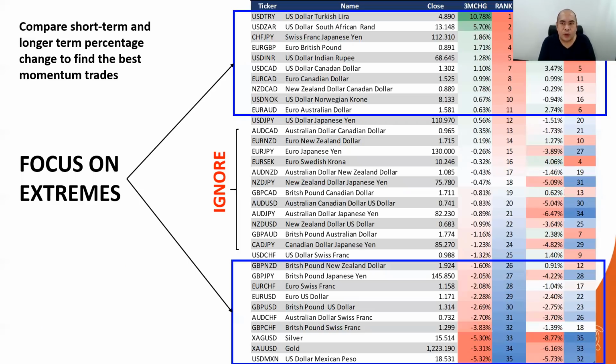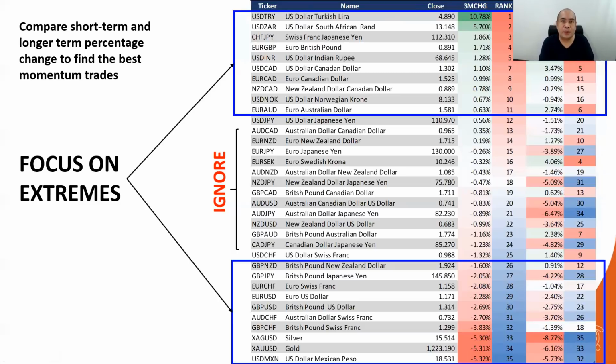The other way to think about this is that when you're ranking things, what the rankings force you to do is to focus on the extremes, and the ranking model also tells you to ignore everything else, to ignore the middle part of the table, because usually the pairs that are trading at the extremes tend to be the ones that have stronger moves.